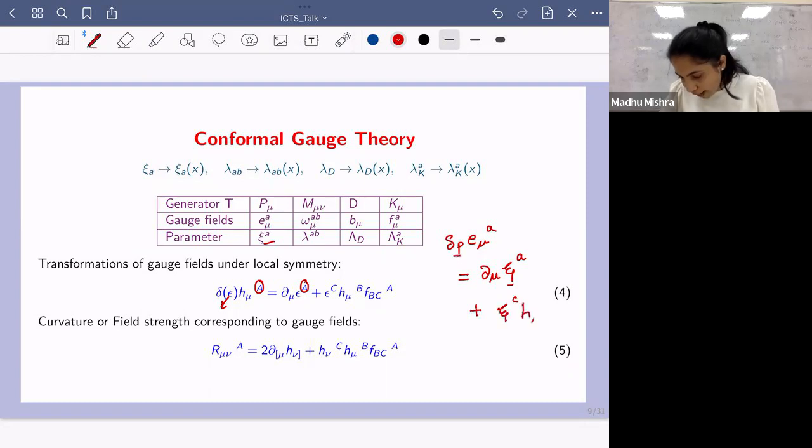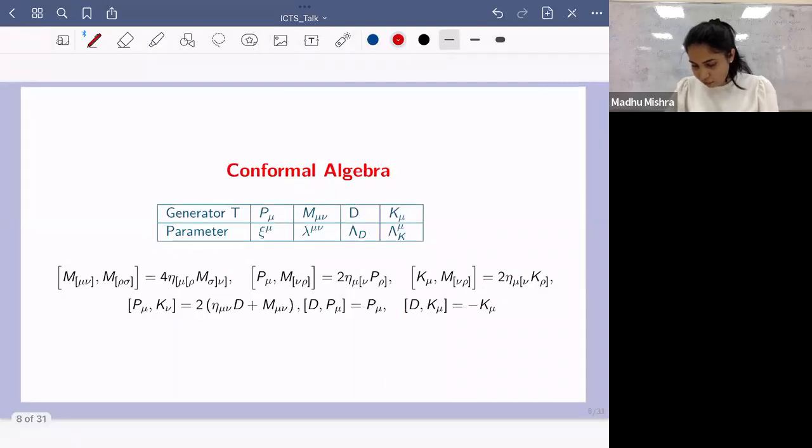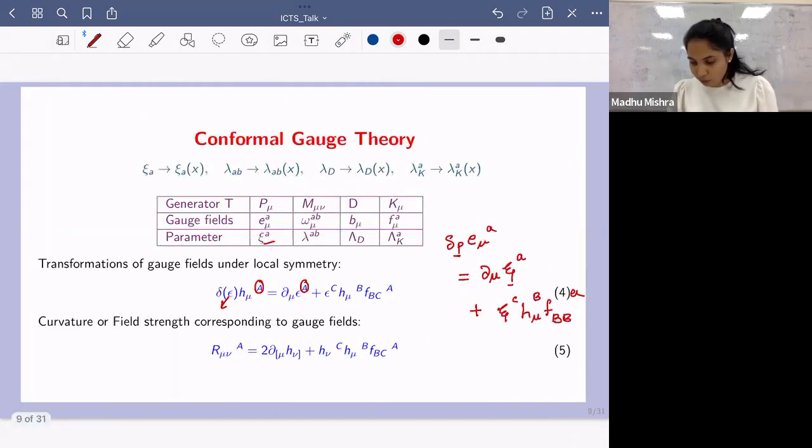And now I have to find what is h_mu^B such that under the commutation relation, I should get translation. So just by looking at this algebra, you can see what are the symmetries that will give me e_mu^A as a final product. So these are the two commutators that will contribute here.